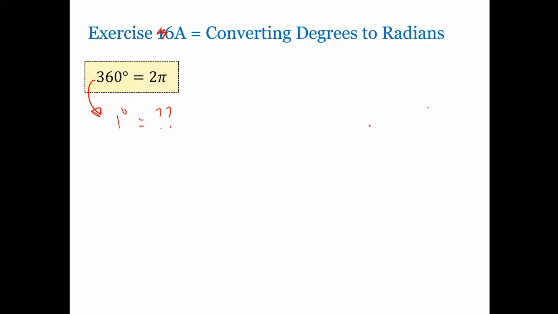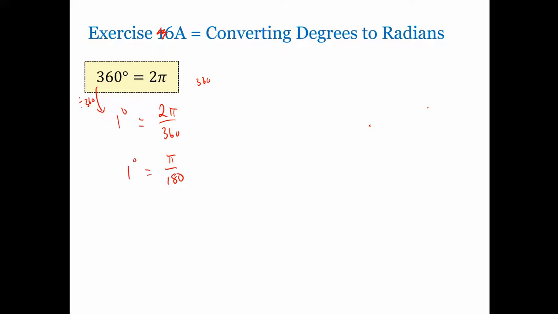What do I do? Add, subtract, divide, multiply? Divide. It makes sense that to get 360 to 1, I would divide 360 on the left. But then that means I have to divide the right-hand side by 360 as well. Now, if I do that, 2 pi on 360 can be simplified down to pi on 180.